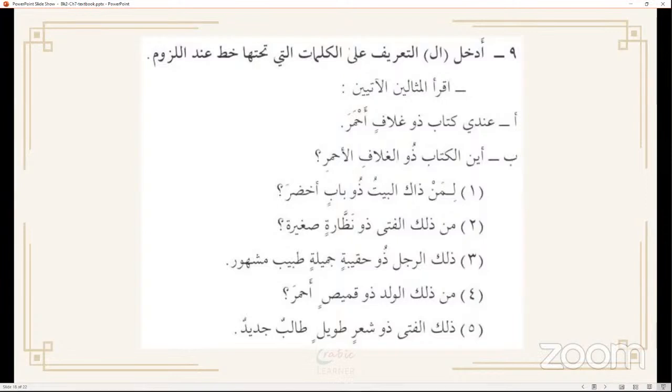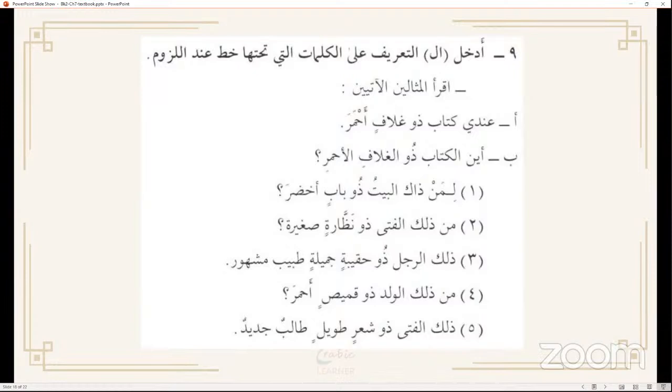In some of the sentences you'll find grammatical mistakes, so you need to correct that. Now, why will al be required? Because the rule that is taught here is when zu comes as man'ut.